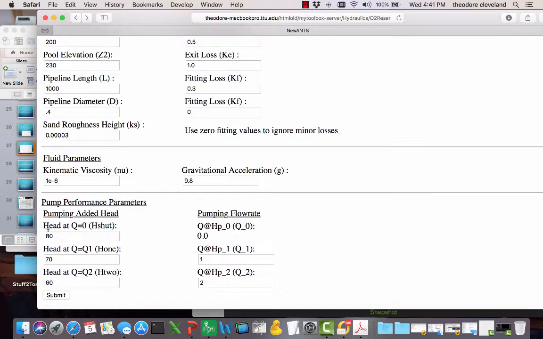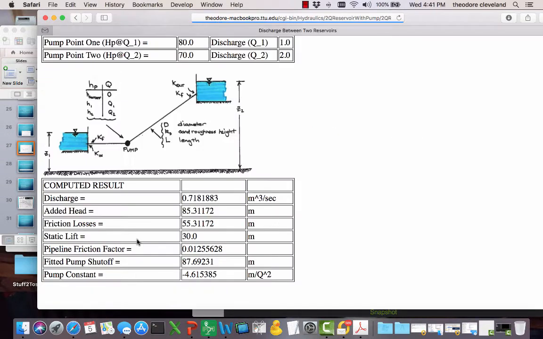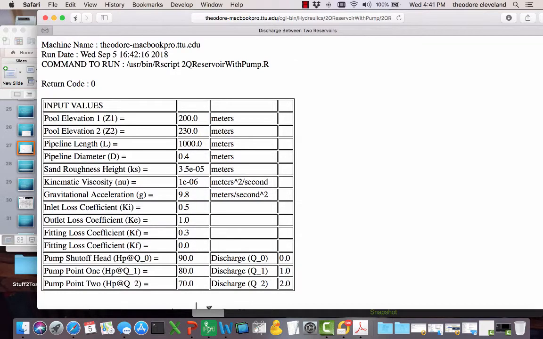So we'll go back, bring this back to its original values, 90, 80, 70, and see, friction factor's too low, so I want my roughness to be bigger. Try that. Roughness 0.012, still too small.